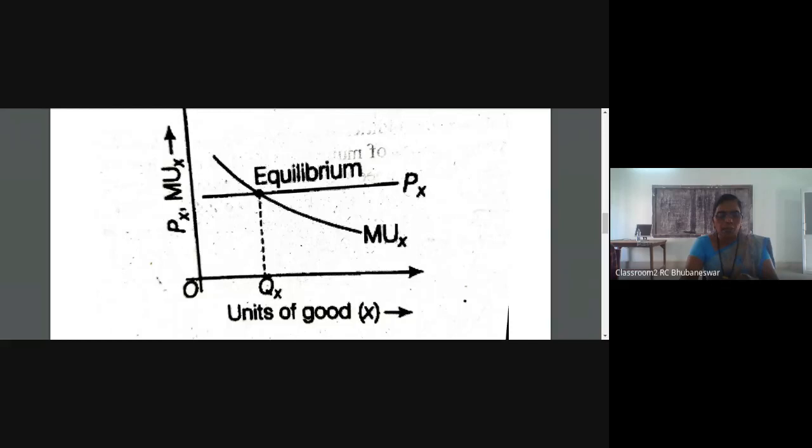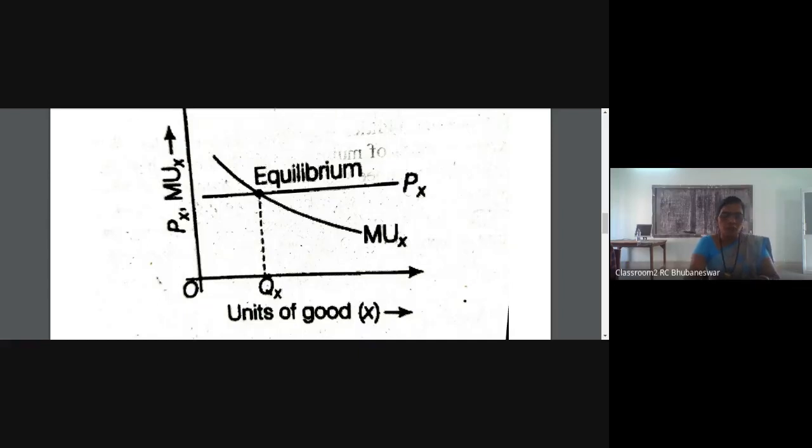Then at the 4th unit, marginal utility of X is equal to the price of X. After that, if he keeps consuming and paying for this good, it is a loss for him. After the point where MUX equals PX, he never buys this product because it gives him negative utility.